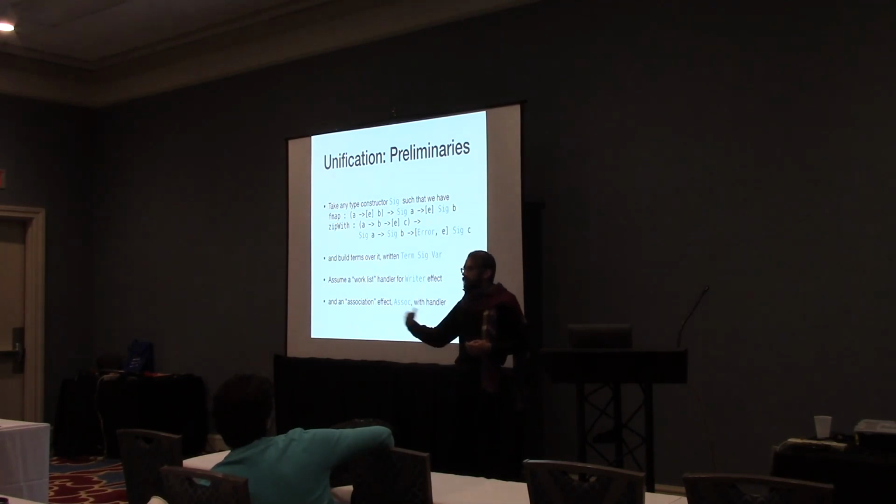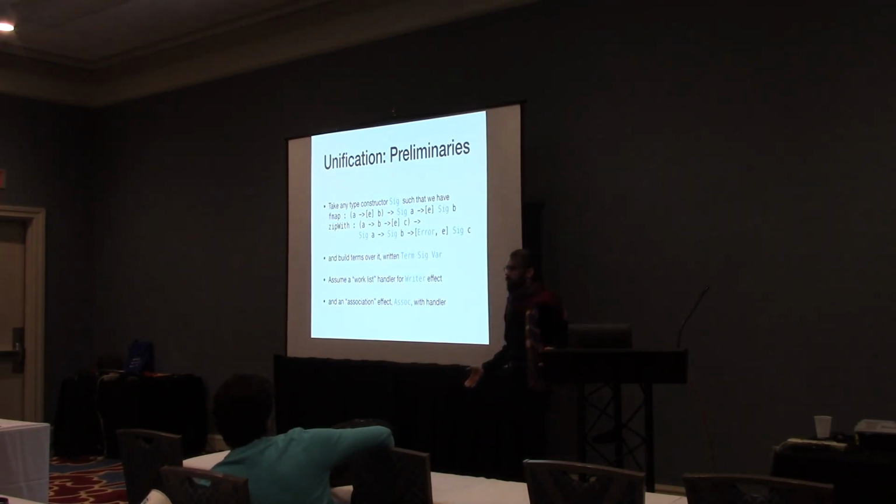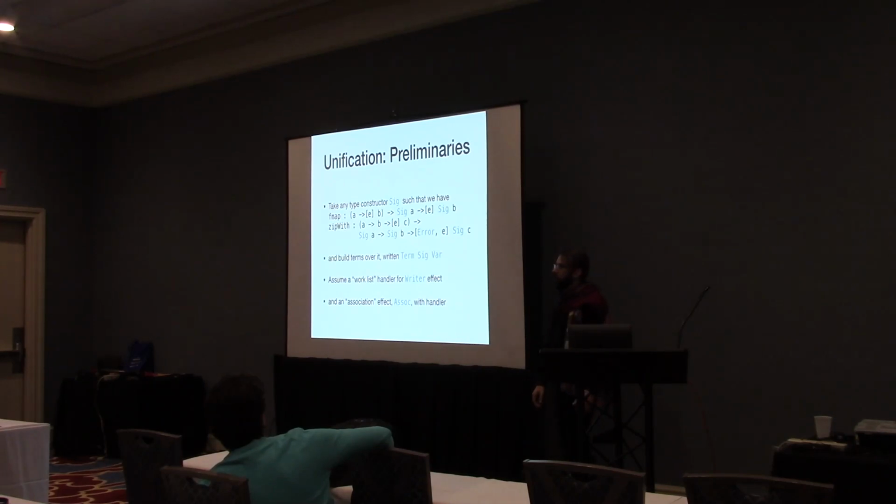So it processes things round and round and round until it runs out of things to process. When it runs out of things to process, it means things have unified entirely. And we'll also build an association list using an effect so that we can abstract from the gory details of looking things up in a list.